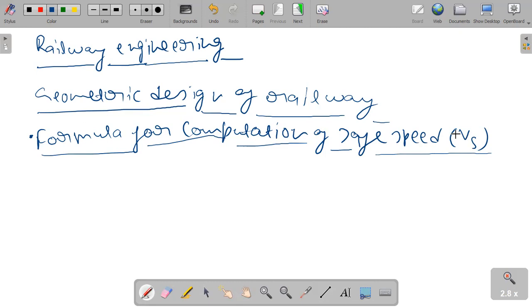So let's discuss Martin's formula first, Martin's formula for computation of safe speed.